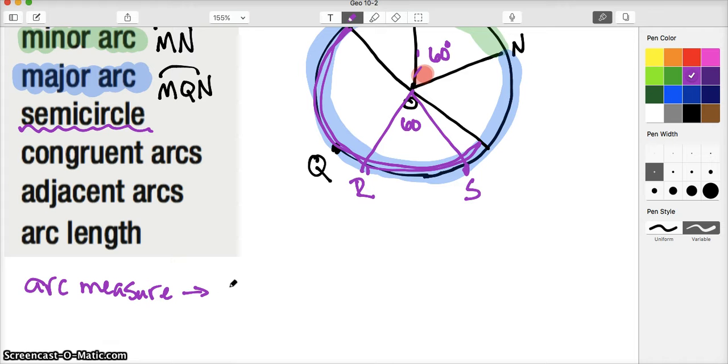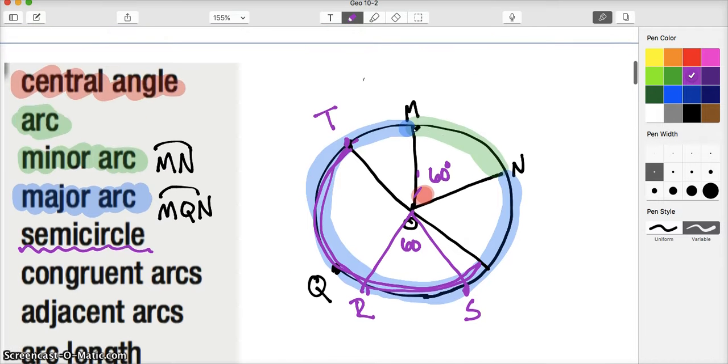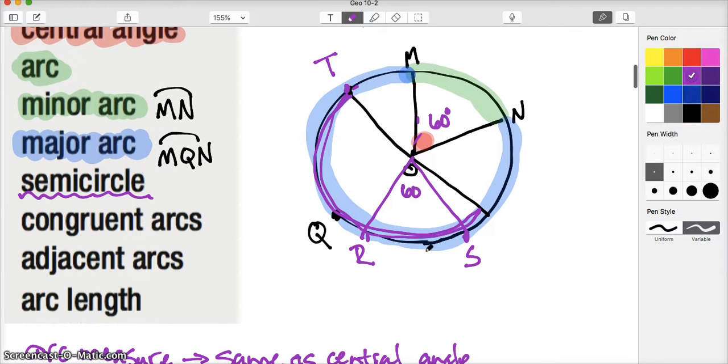Arc measure is going to be the same as the central angle. So the arc measure of MN is 60 degrees. The arc measure of RS is 60 degrees.